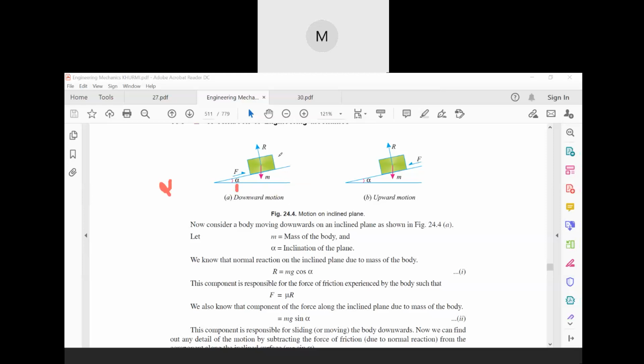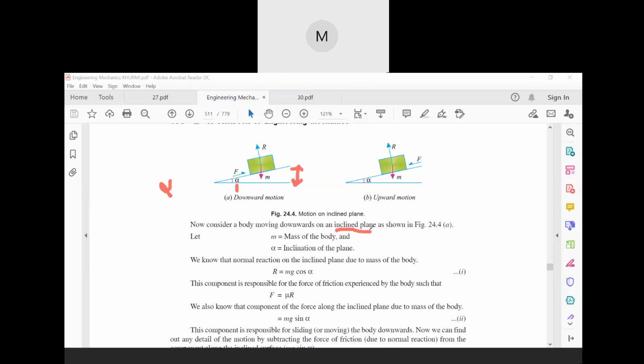So if the surface is inclined at an angle alpha, then you can say that this is a bit inclined. So look here, this is a bit lifted up. If this is lifted up a bit, then the body is moving in an inclined plane.